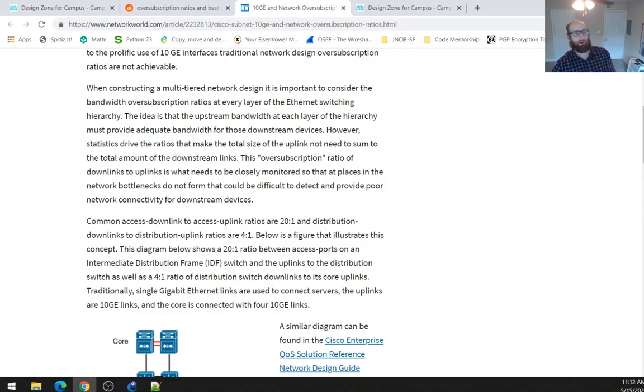Yeah, so they're calling it a downlink instead of an uplink, but the common ratio is 20, and then at distribution it gets different.